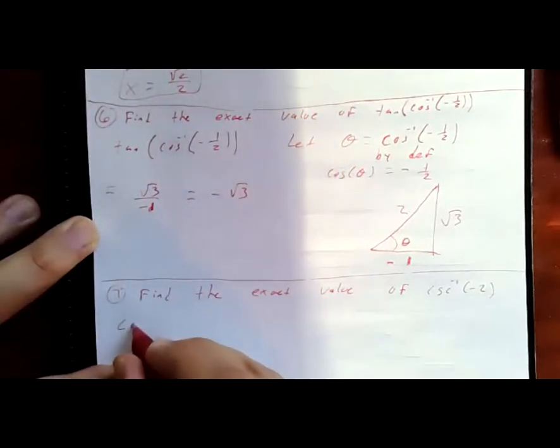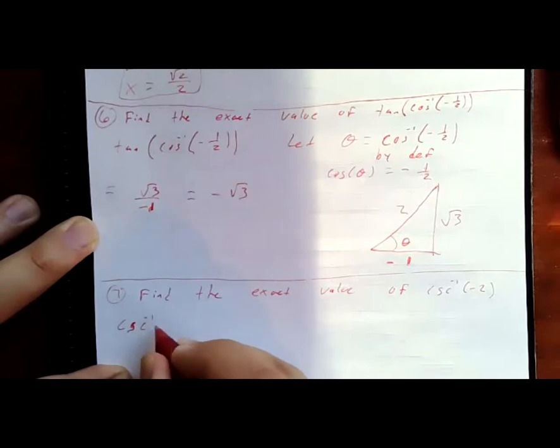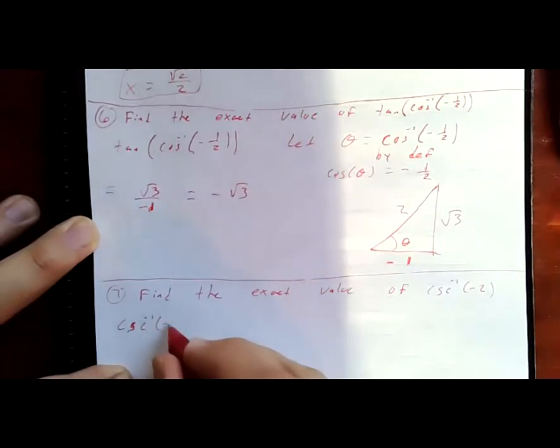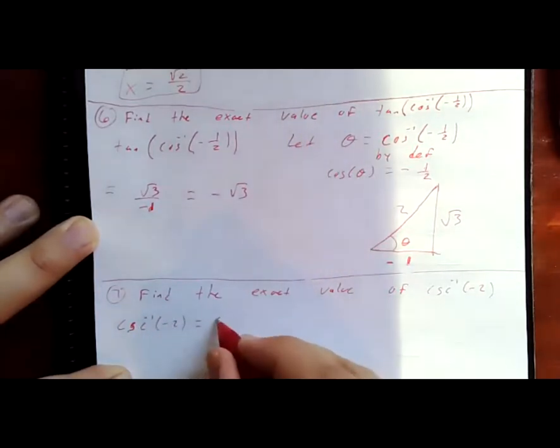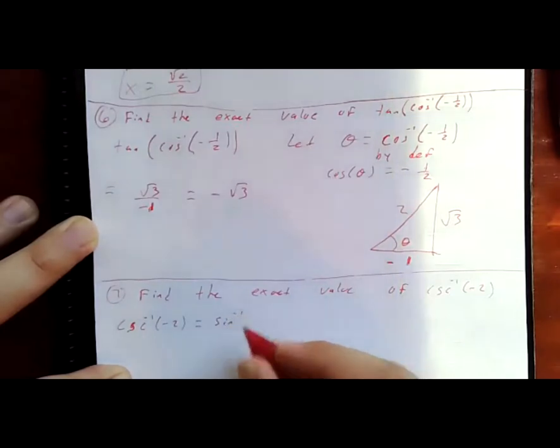But there's another property that says cosecant inverse of negative 2 is equal to sine inverse of the reciprocal of the argument. So cosecant inverse of negative 2 is equal to sine inverse of negative 1/2. So you just flip it over.